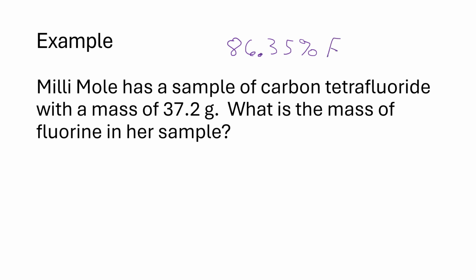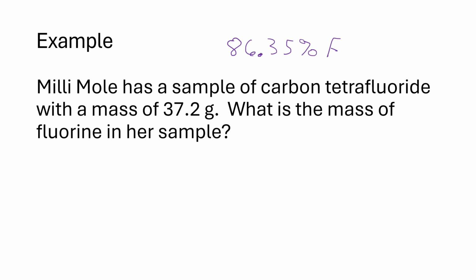Now, this is a calculation that I have seen students do all sorts of different ways. And it really depends on what your math background is and how you are comfortable doing percentage problems. The way I was taught to do a problem like this was to convert my percentage to its decimal form, right?